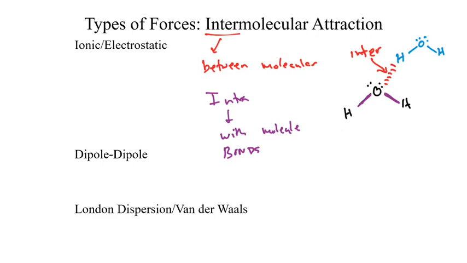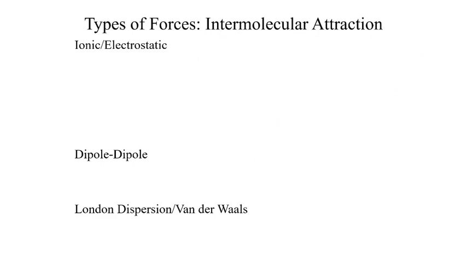Okay, so with that intro, we could now look at our intermolecular attractions. There are three. We have your ionic or electrostatic, and as we talked about before, electrostatic is really just a way to differentiate it from the ionic bond, but it's effectively the same thing. The dipole-dipole intermolecular force, and the London dispersion, van der Waals, or I'm going to go ahead and add some extra terms on here.